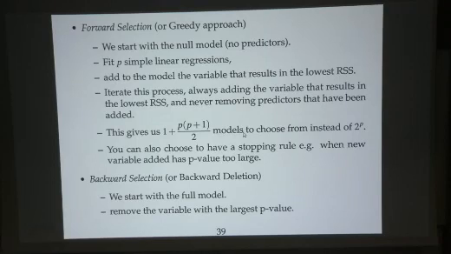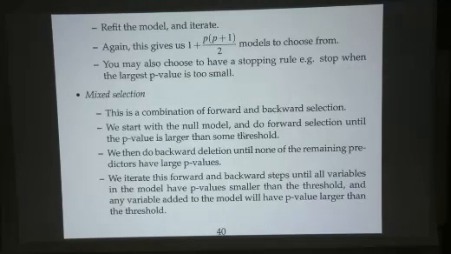Then you remove the variable with the largest p-value. The one with the large p-value is not significant, so you remove that. Instead of adding one by one, you are deleting one by one. You refit the model and then iterate. It's the same approach as forward selection, but in a backward fashion.